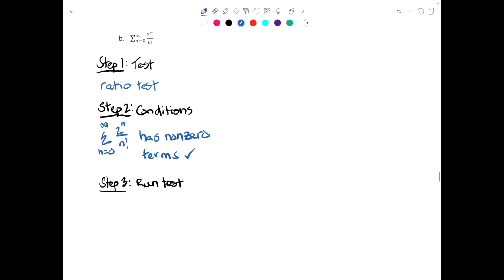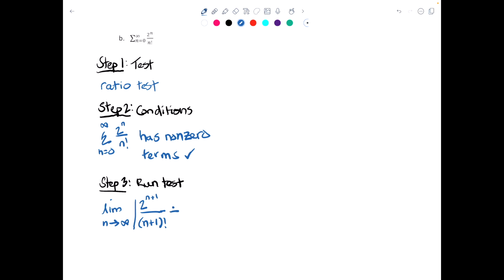And so now I'm going to write this just a little bit differently. We will have the limit as n approaches infinity of the absolute value of 2 to the n plus 1 over n plus 1 factorial. That's the n plus first term.